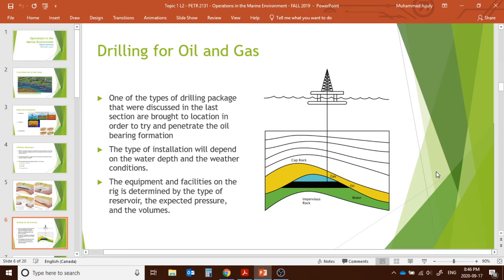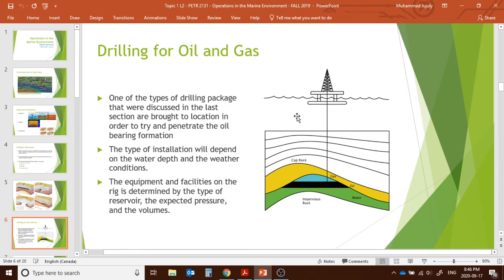This depends on the type of reservoir, the water depth and also the weather condition, like what types of drilling package you should use, and it also depends on many other different factors.